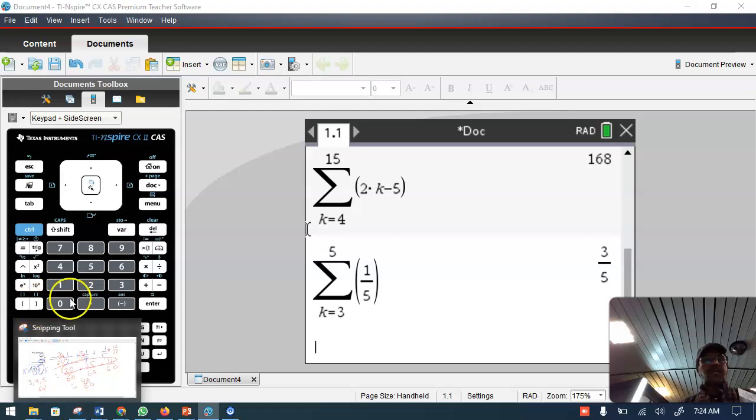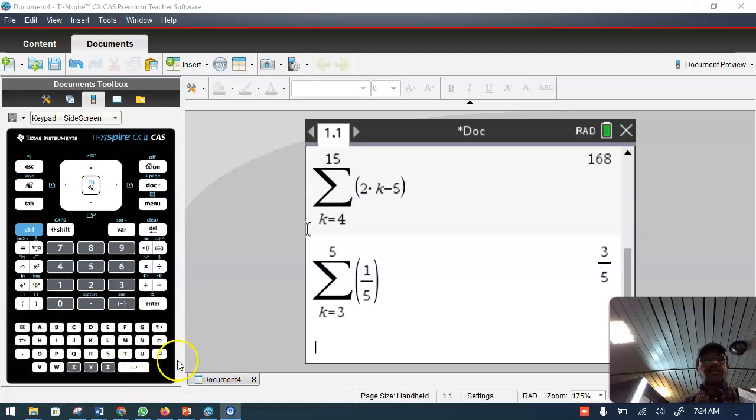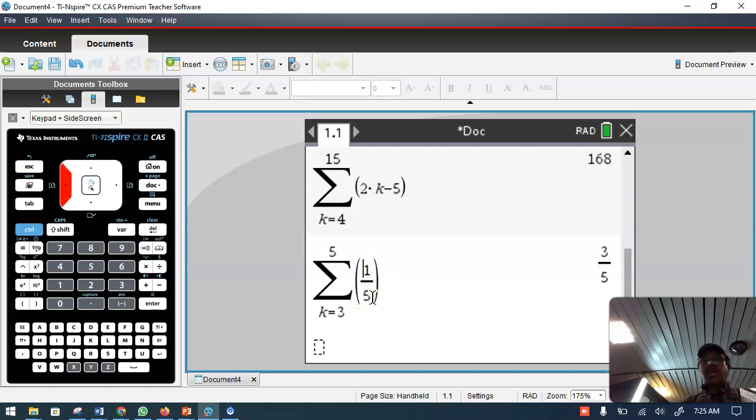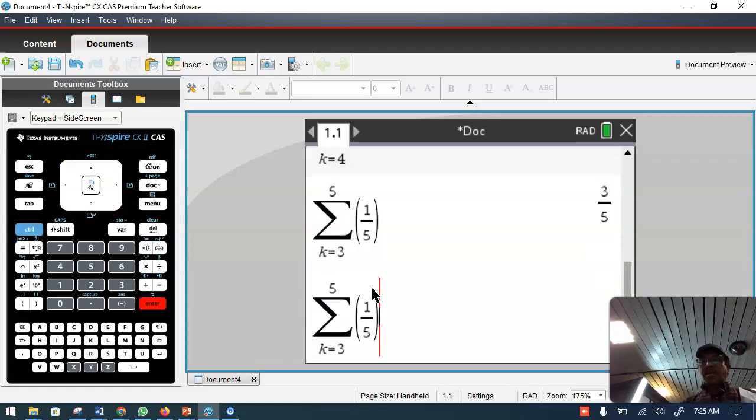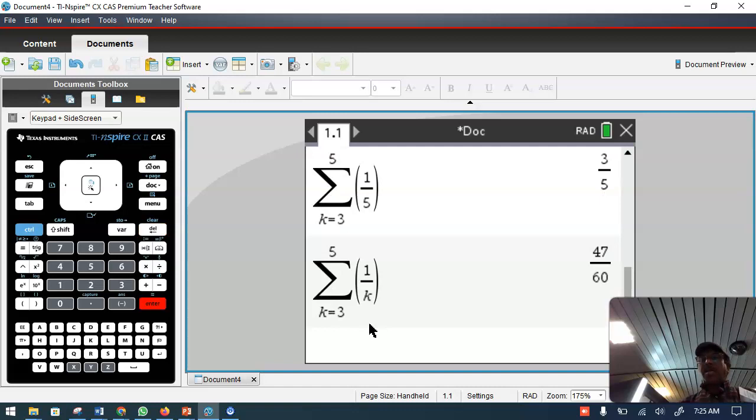Let me check. I forgot to put a k there. I think I have to retype this and put this as k, and now I enter to get this 47 upon 60. So this is how it works.